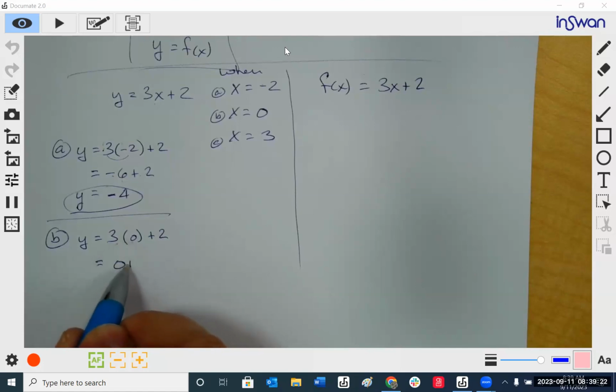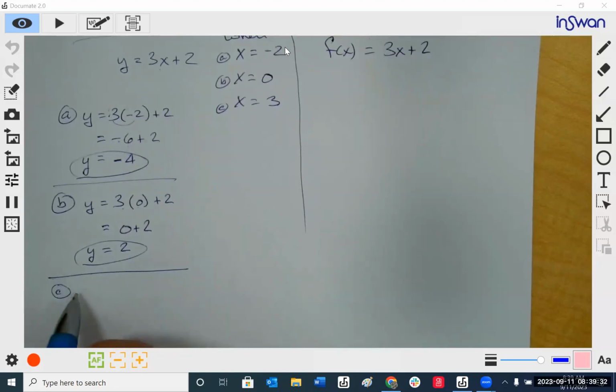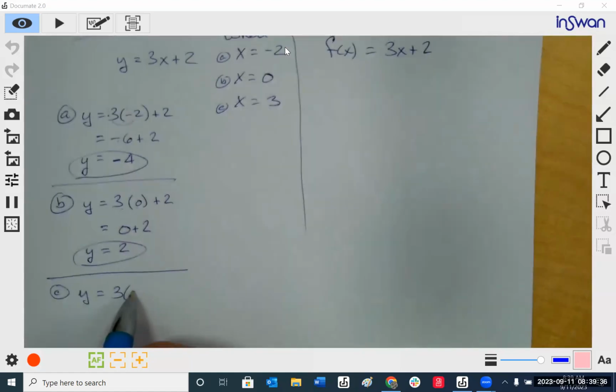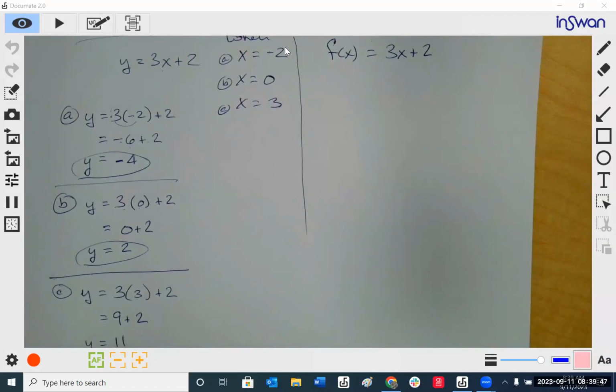Three times 0 is 0. 0 plus 2 is 2. When x equals 3, positive times positive is positive. 3 times 3 is 9. 9 plus 2 is 11.